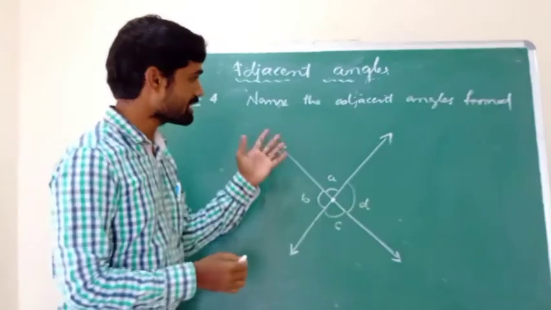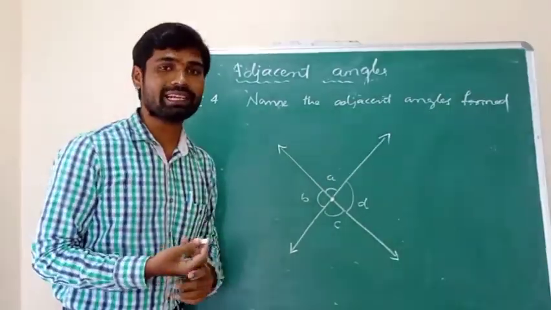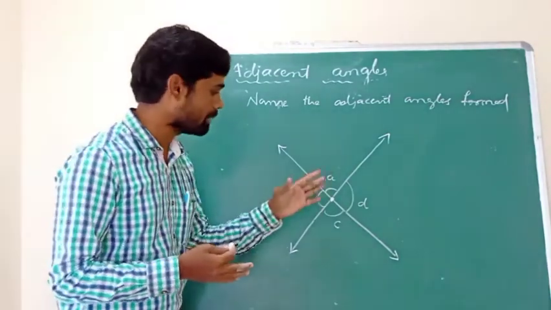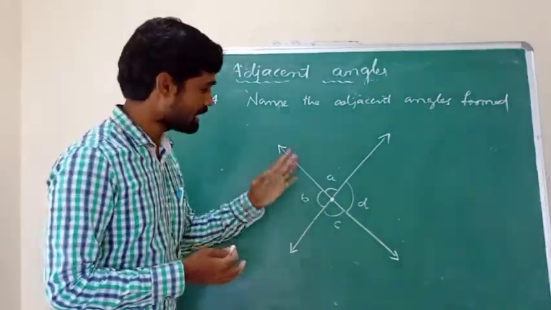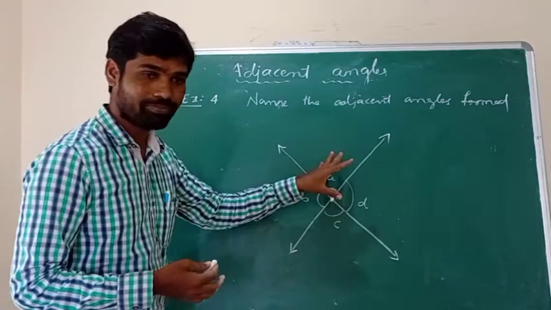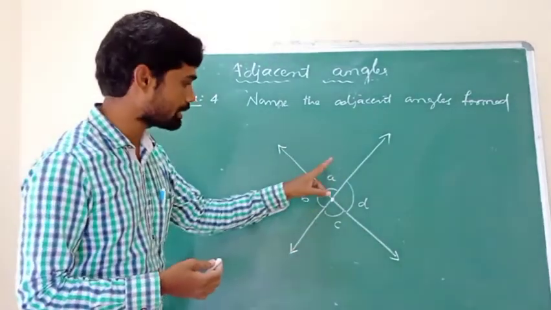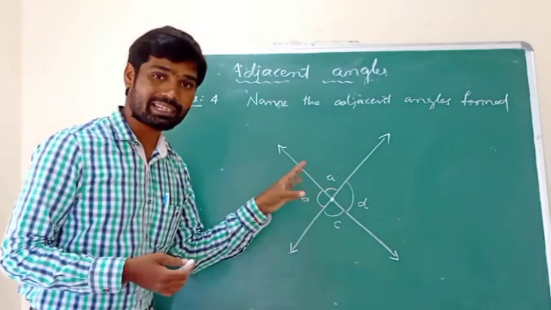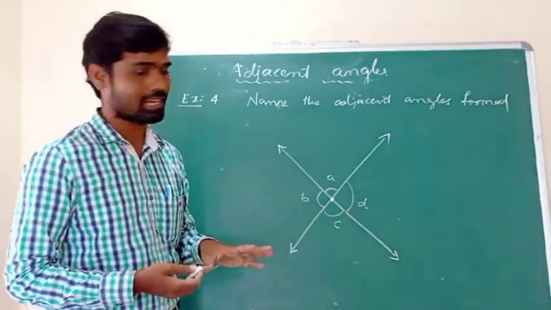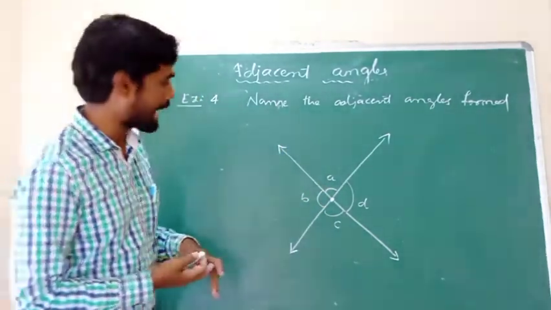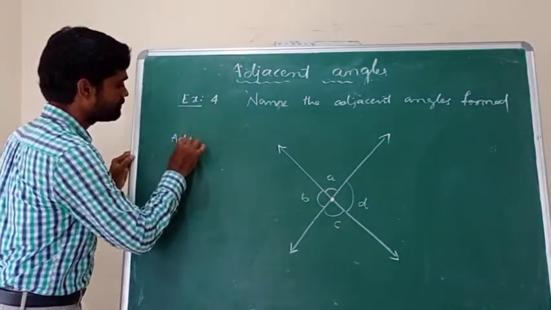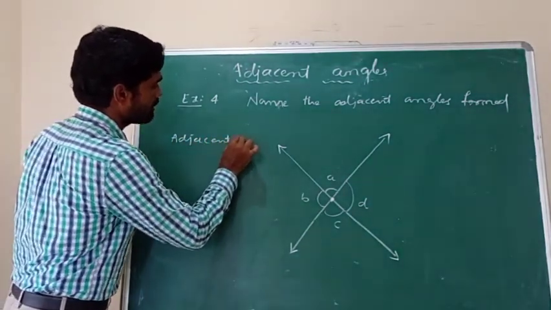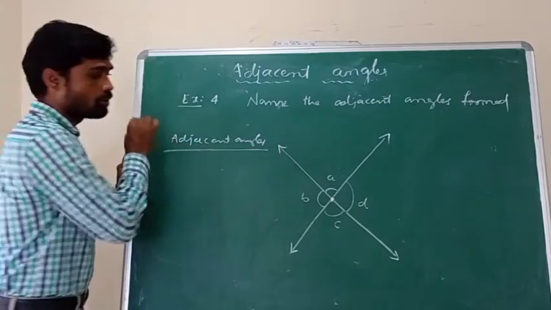Next, the question is: name the adjacent angles formed from the figure below. You can see four angles formed by two intersecting lines. In this, which angles are adjacent and which are not? Let us write adjacent angles.